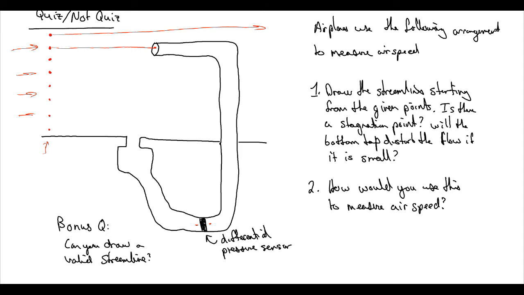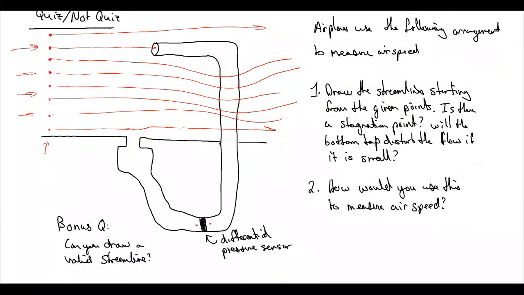And this one's going to come around this. This is going to come around that too. And then this one's going to come, and as long as we make this hole quite small, it's actually not going to disturb the flow that much. Great.